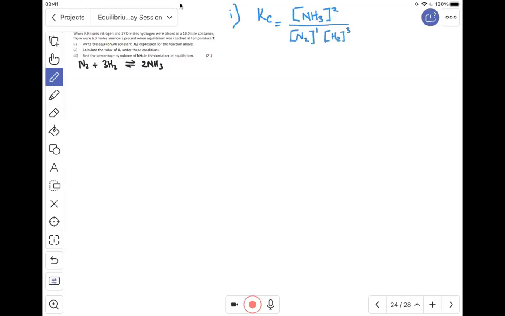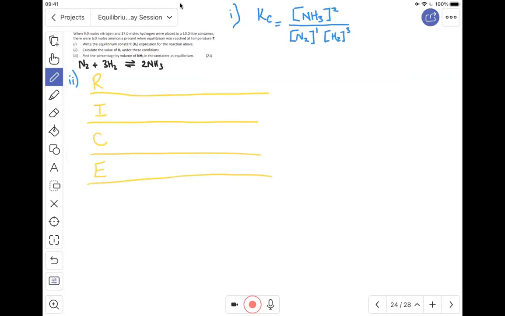So for part 2, they're asking you to calculate the Kc value. Now, when you're asked to calculate the Kc value, I always use RICE or ICE. And we know that in RICE or ICE, the R stands for the reaction. So let's fill in the equation.